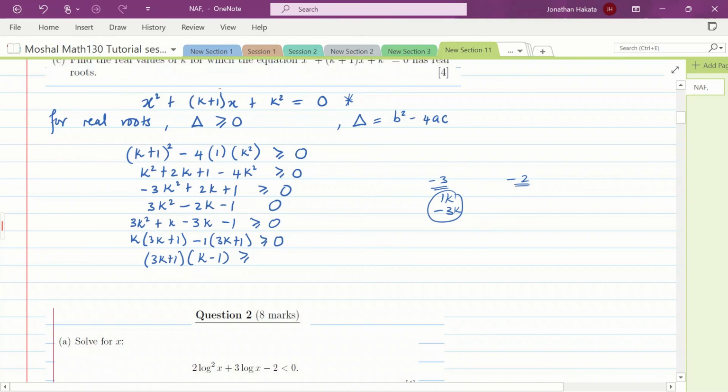Abigail, what's wrong here? Can we see something that is not right?